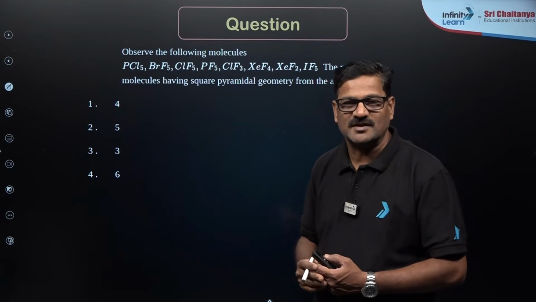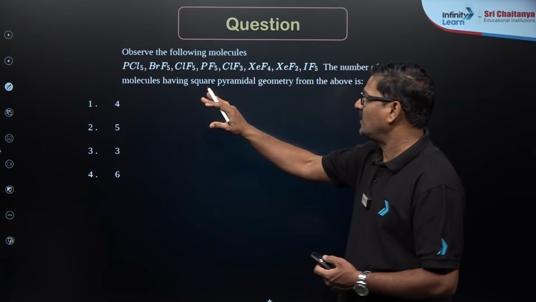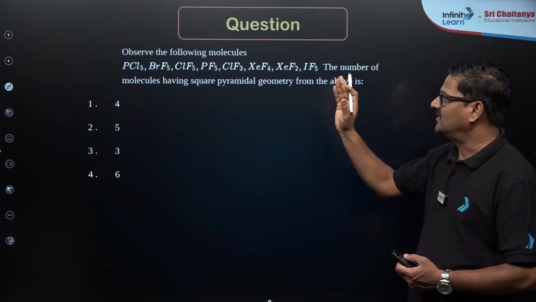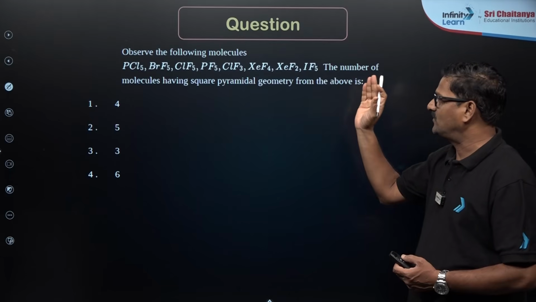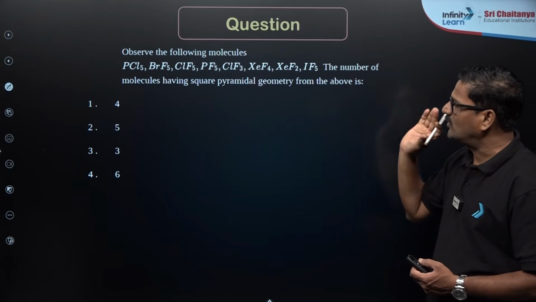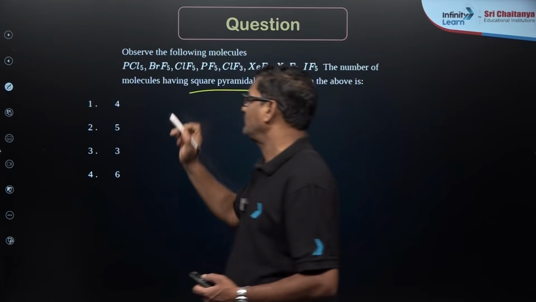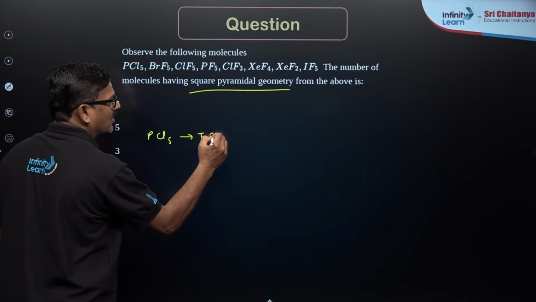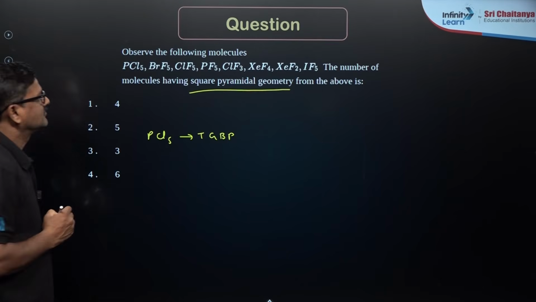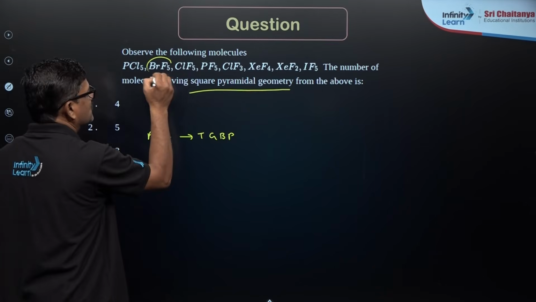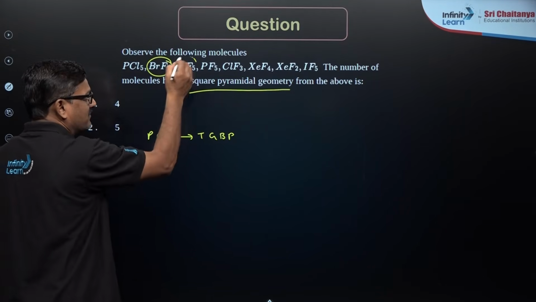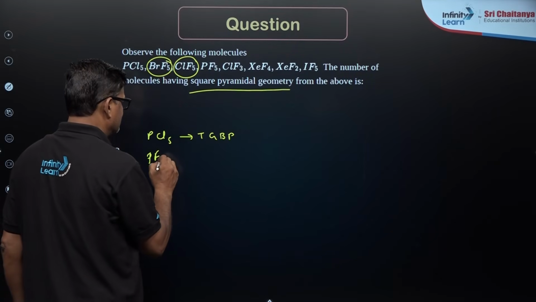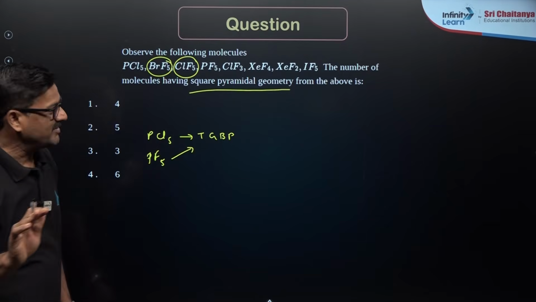Students, this is about the shapes of the molecule. Given that, observe the following molecules: PCl5, BrF5, ClF5, PF5, ClF3 and XeF4, XeF2, IF5. The number of molecules having a square pyramidal geometry. PCl5, it is going to be trigonal bipyramidal. BrF5, it is going to be square pyramidal. ClF5, square pyramidal. And PF5, it is like a trigonal bipyramidal.